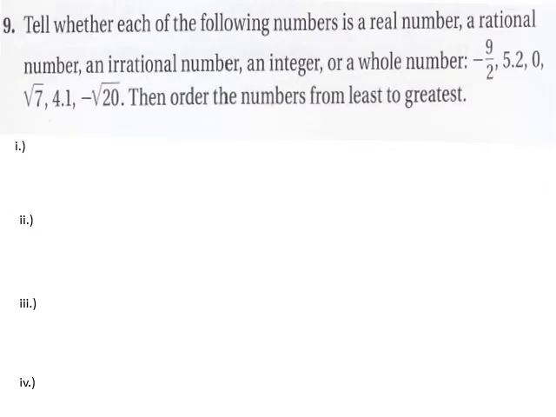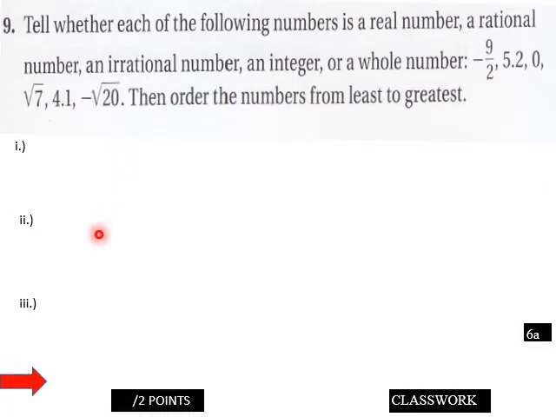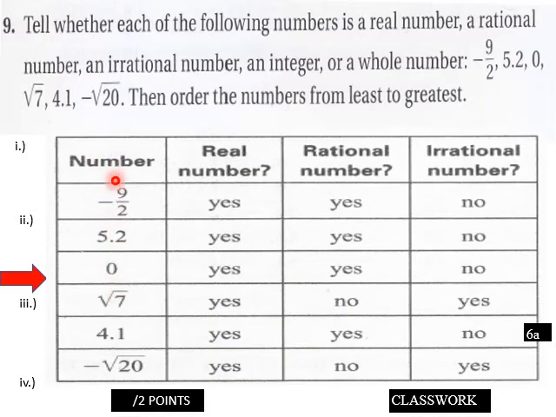So here's our set of numbers: negative 9 over 2, 5.20, square root of 7, 4.1, negative square root of 20. Reals are all reals. For rationals, we have a no for the square root of 7. Irrationals: no for the first ones, yes for the square root of 7, no, and then yes for negative square root of 20.